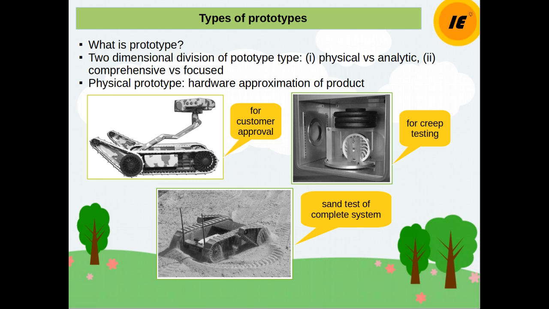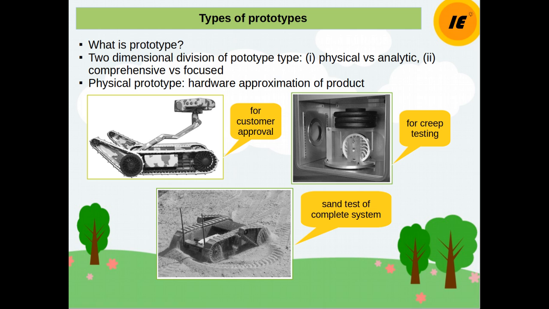First of all, we'll explain what a physical prototype is. In the figure you can see three physical prototypes. Examples of physical prototypes include models that look and feel like the product, proof of concept prototypes used to test an idea quickly, and experimental hardware used to validate functionality of the product.